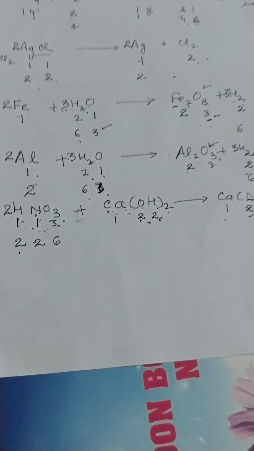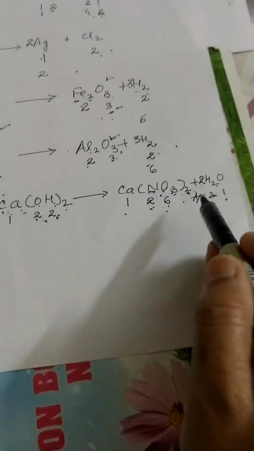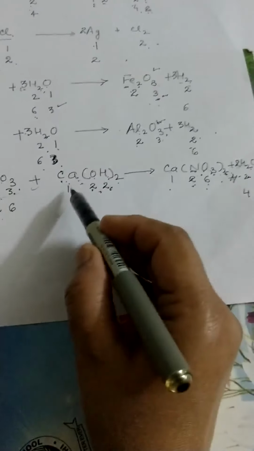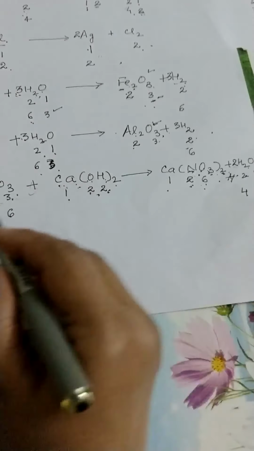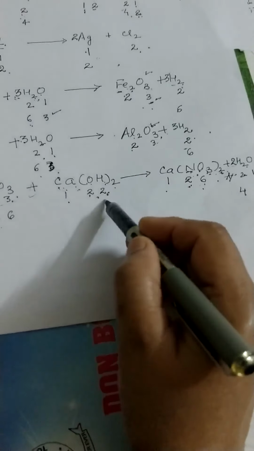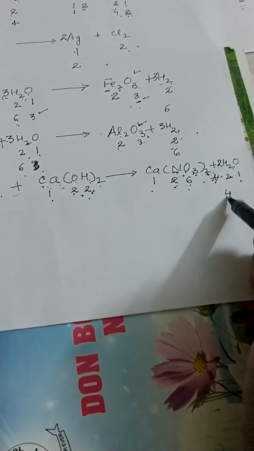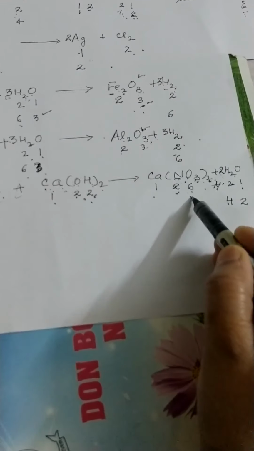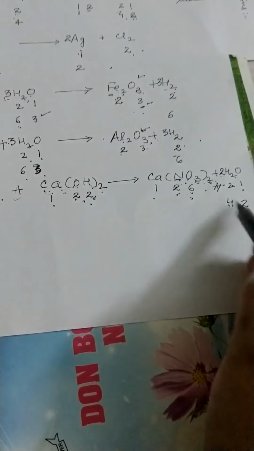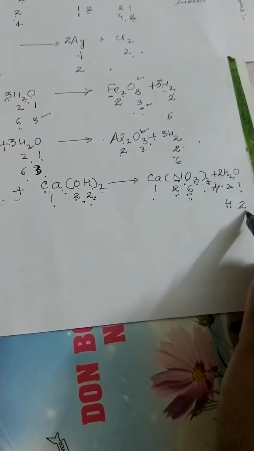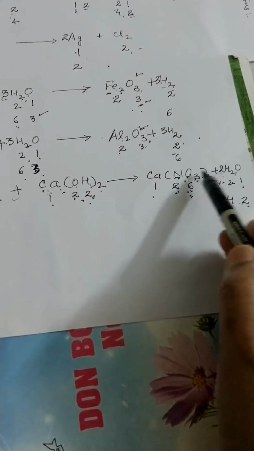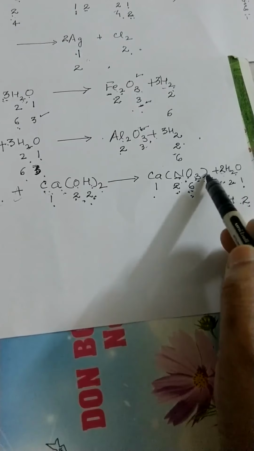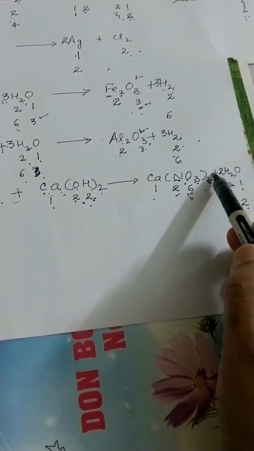Now let us check once again what difference we have made. Hydrogen is balanced here. Calcium was already balanced. Here hydrogen has become 2 and 2, 4, and here hydrogen has become 4. Children, please see this. In these two molecules we have a plus sign.